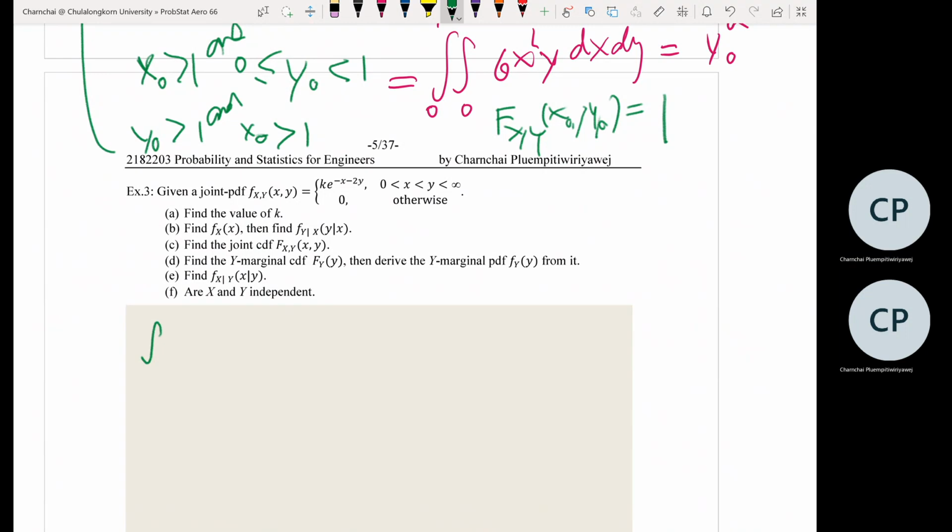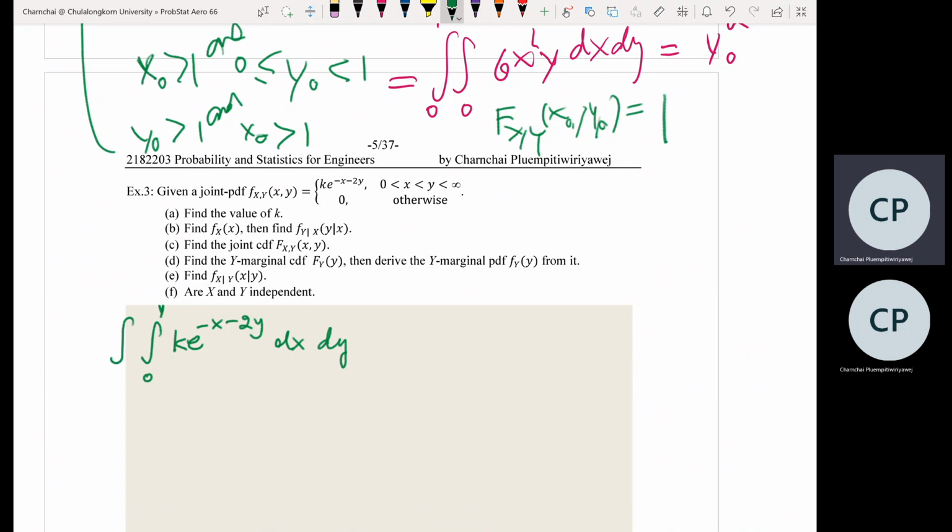It is the integral of K e to the negative x minus 2y dx dy, with x from 0 to y, and y from 0 to infinity. Notice that x is between 0 and y.